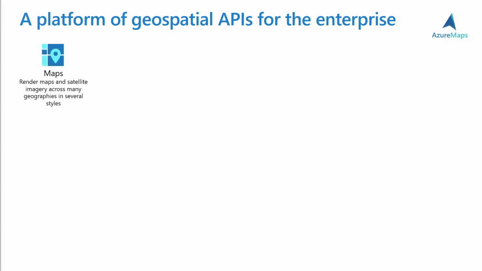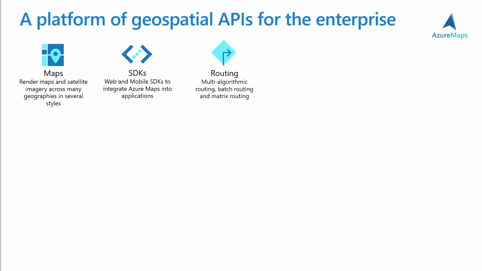First, we have the map rendering control. This allows you to get satellite images and map images into your applications. Next, we have the SDKs. We have the web and mobile SDKs to integrate your Azure Maps into your applications. Also, you get routing from a multi-algorithm routing, could be through batch routing and matrix routing, or even just get from one point to another.